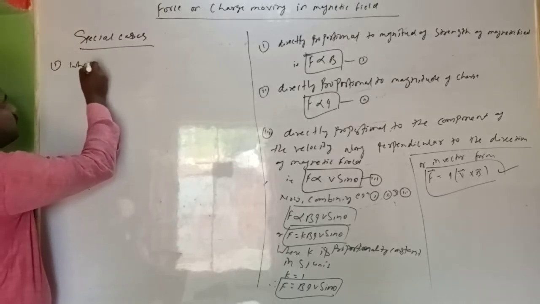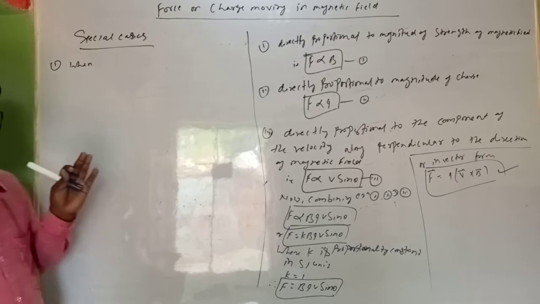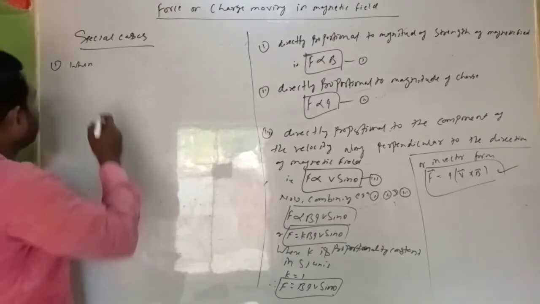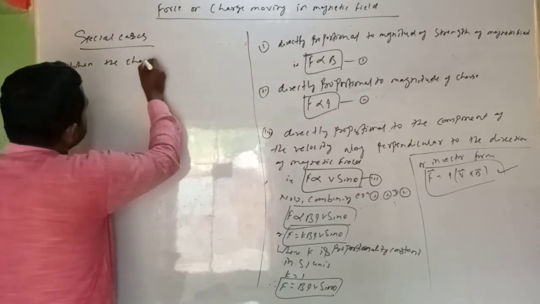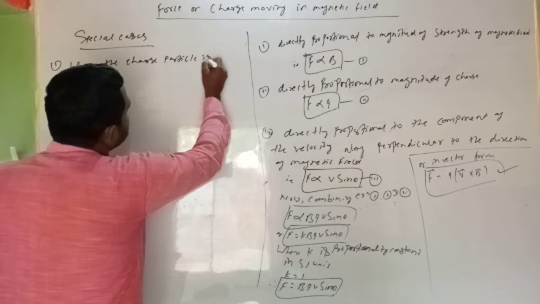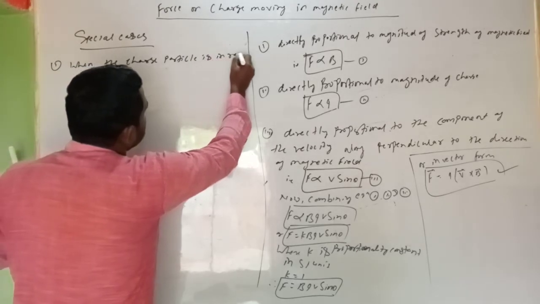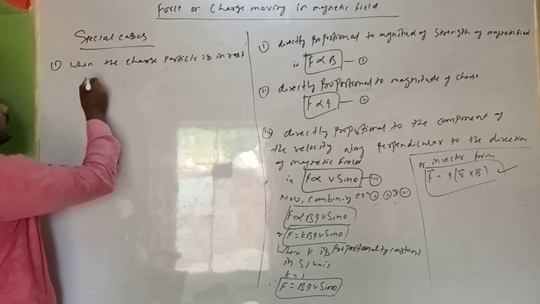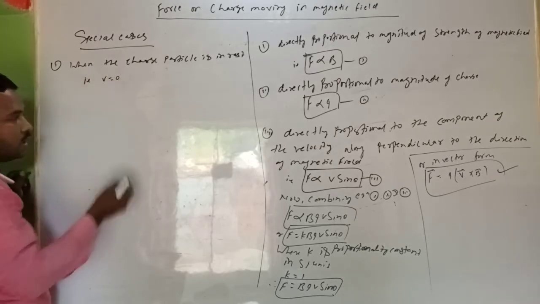Suppose the charged particle is at rest. Rest means what? That is, v is equal to 0.